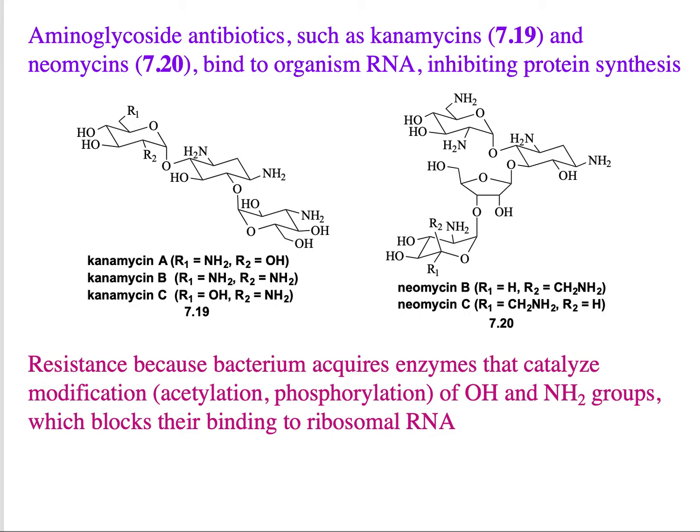And so what bacteria do is chemically modify their RNA to take out the H bond groups in the RNA. So they're applying Lipinski's rules, and they got rid of some of these H bonding groups. And once the RNA can't form H bonds to these drugs, the antibiotics no longer work, because the whole idea was that these molecules stick to the RNA, and the RNA cannot be translated into protein.